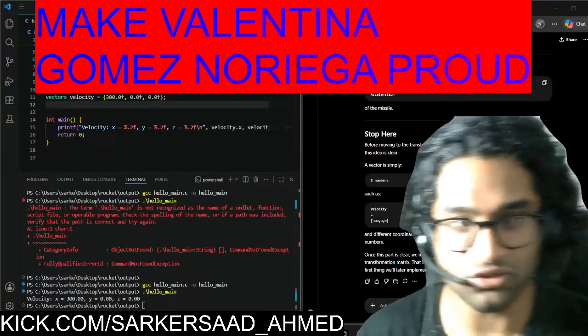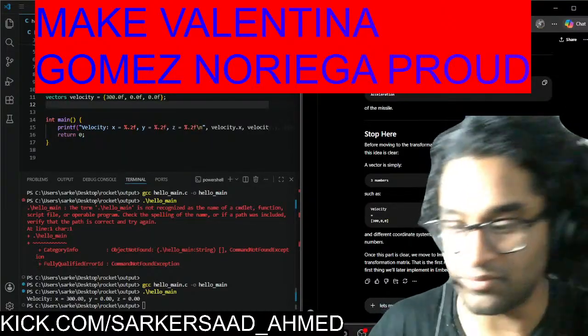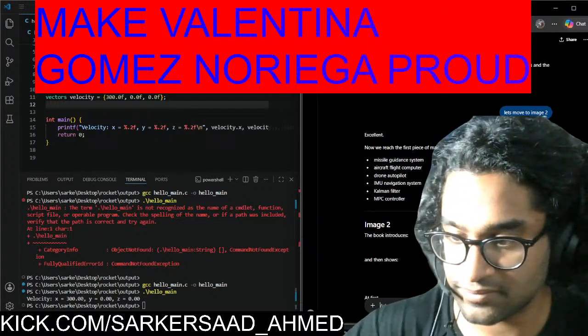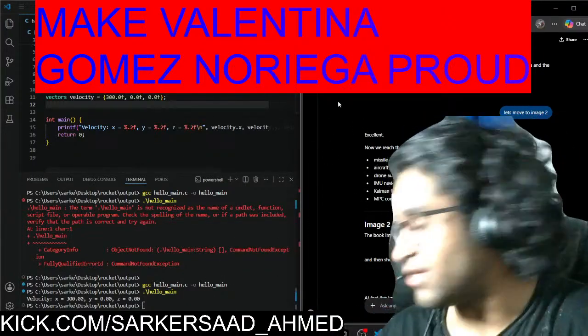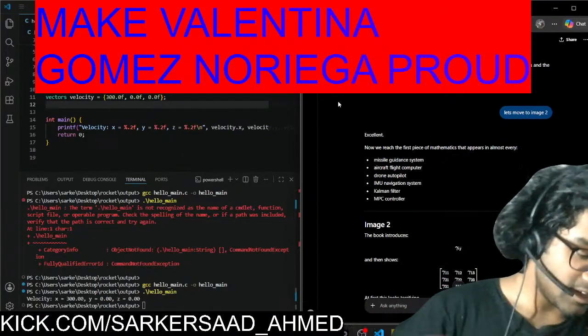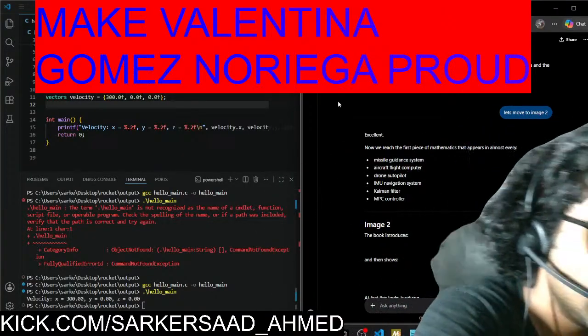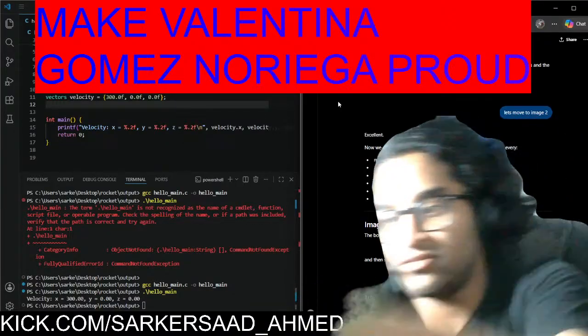Let's move to image 2. I'm going to leave this iPad somewhere else. It's getting kind of annoying. Oh man, I need the iPad. For goodness' sake. I'm going to move the mouse here.